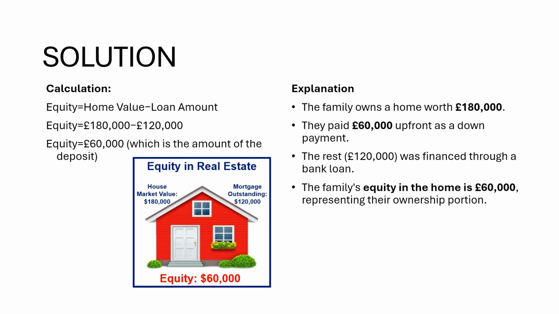The example follows exactly the accounting equation: assets equals liabilities plus equity. This demonstrates how equity is the portion of an asset owned outright, while the rest is covered by liabilities like mortgages or loans.